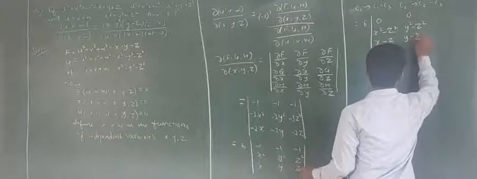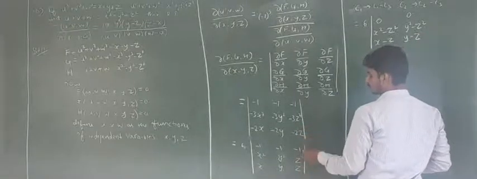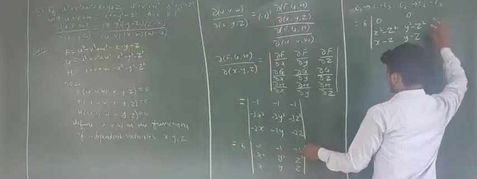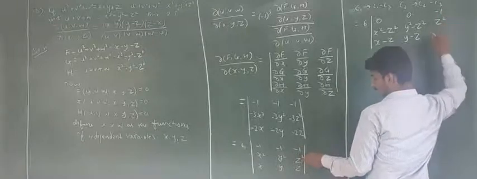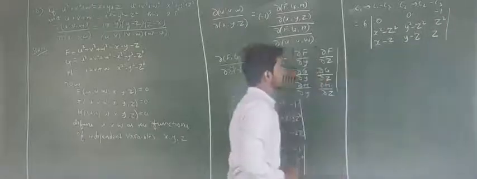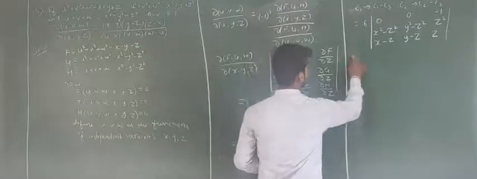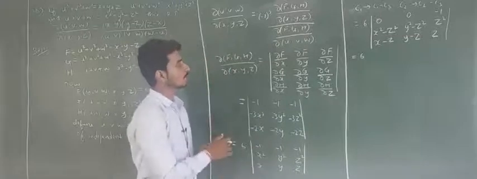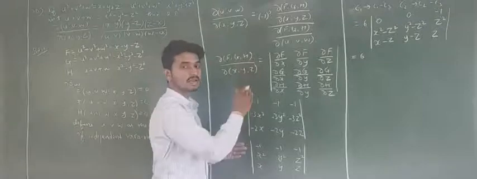Then we write the last column, which is similar: minus 1, z square and z. These are the values which we have now obtained. Now again we can take common from column 1. What can we take common here? We can take common from column 1, that is x minus z.